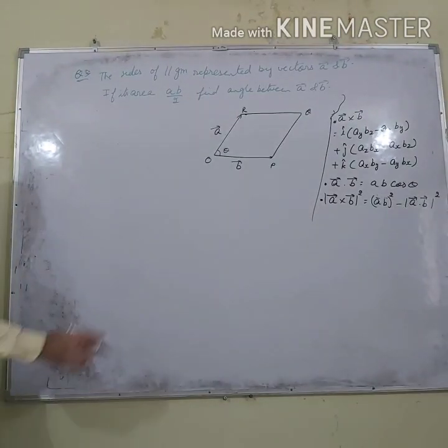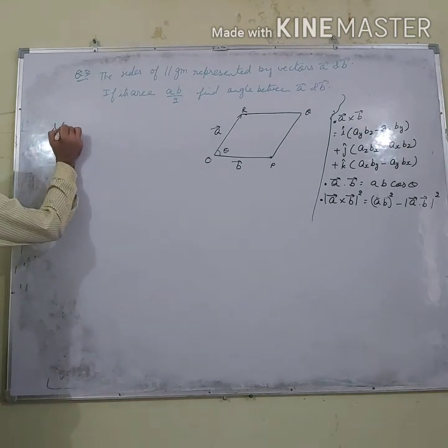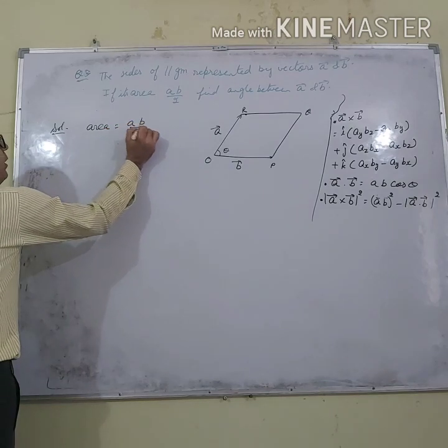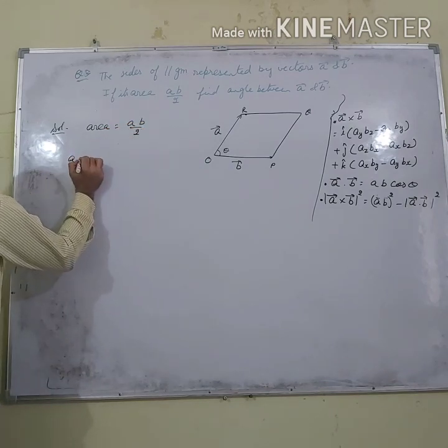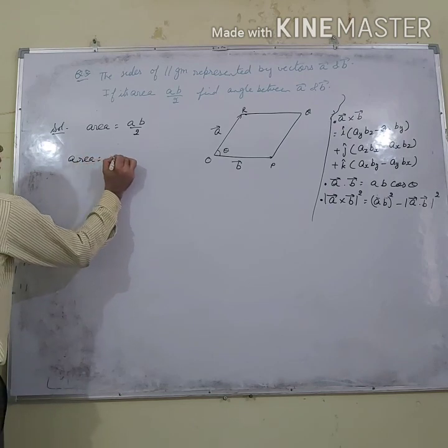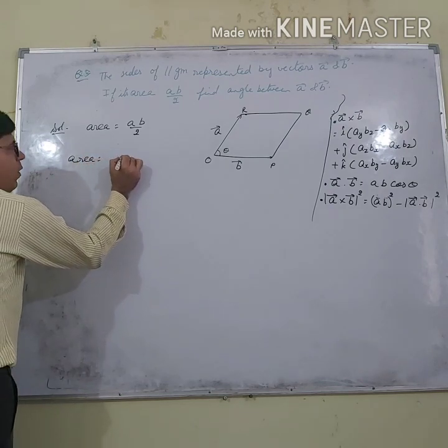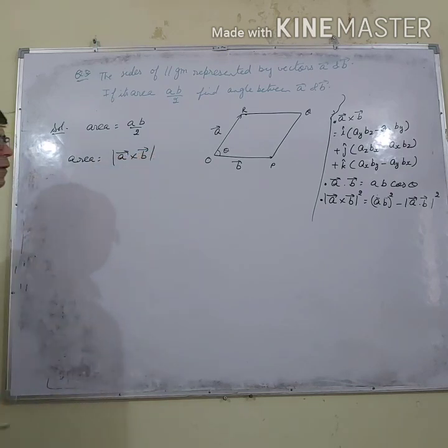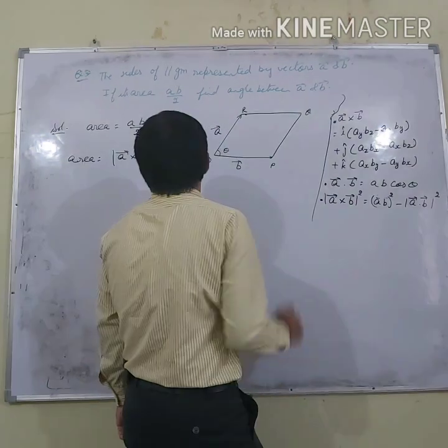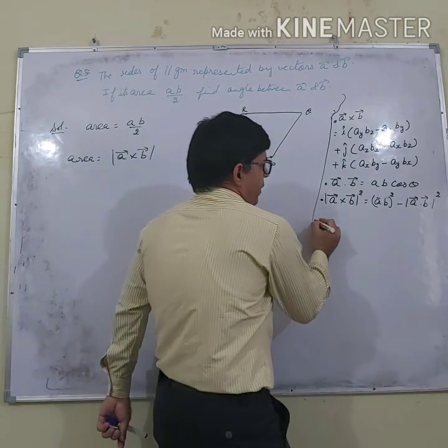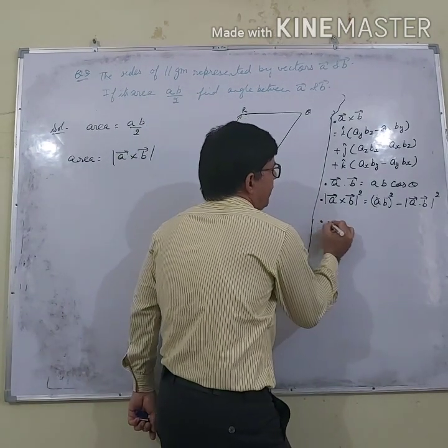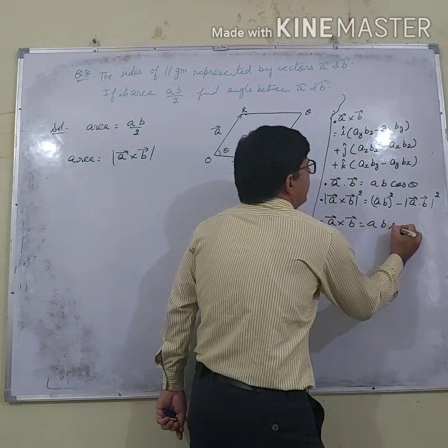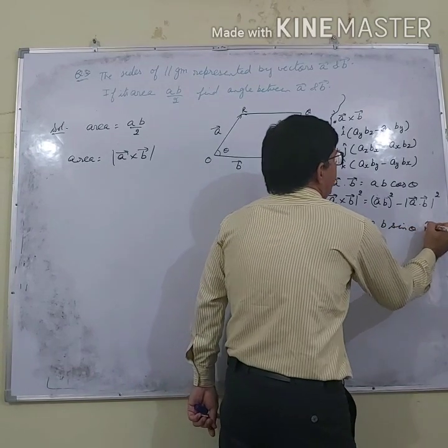Now, in the solution, we are given that the area is AB by 2. But what is the area? As all of us know, the area of a parallelogram is given by the magnitude of A cross B, and we know that A cross B is AB sin theta n cap.